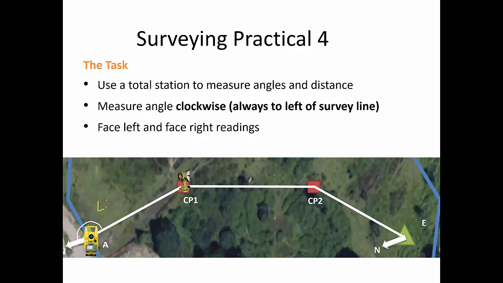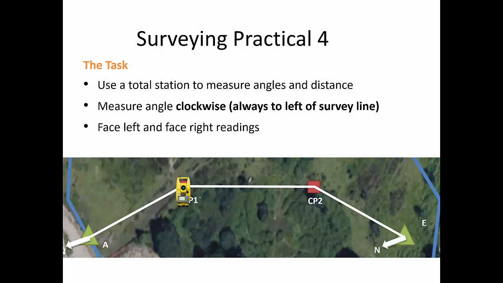Remember, it's on the left-hand side as you look towards your next point. You'll take a face left reading, a face right reading, looking towards north and also looking towards control point 1. So all in all, you're taking 4 readings at A.